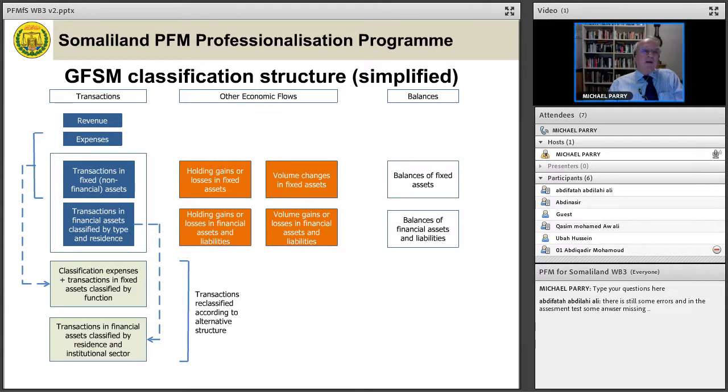I mentioned the IMF GFS, the GFS manual, GFSM as we call it here. The IMF GFS manual actually does set out a classification coding structure with numbers and headings, a very detailed classification structure. Now, I'm not going to go through this diagram, and you don't really need to understand it in full detail. I think you need to know that it exists. The IMF GFS is actually a good basis to build your own country classification structure.